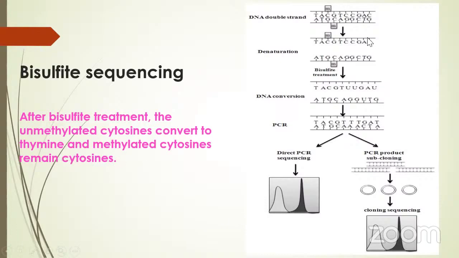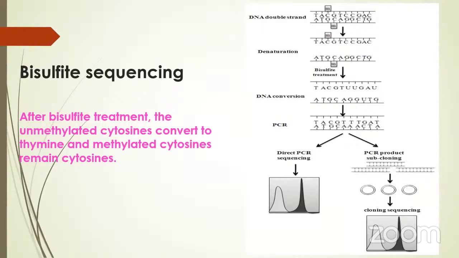If there is methylation, after bisulfite treatment the C remains C. But if there is a non-methylated cytosine, then it will convert into thymine or uracil. Okay, so this is the thing you have to remember. If there is methylation in the cytosine, it will remain cytosine. If it is not methylated, then after bisulfite treatment, it will convert into T.